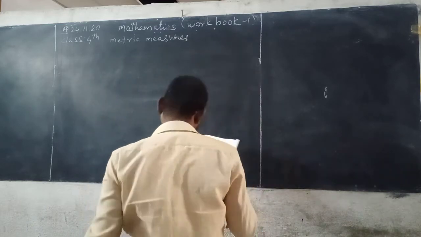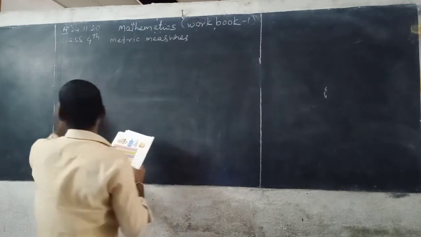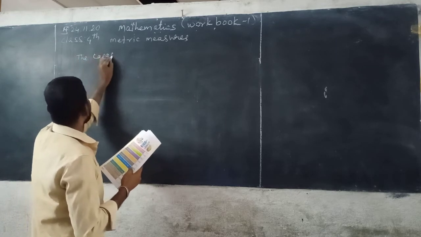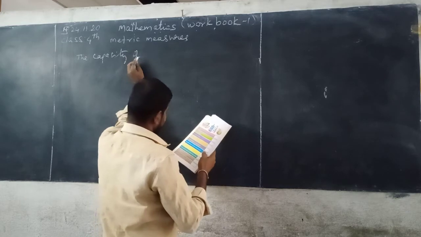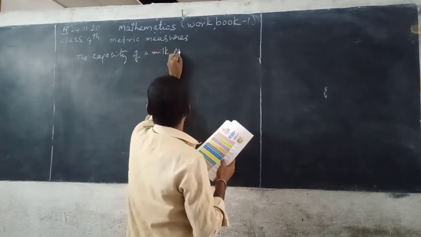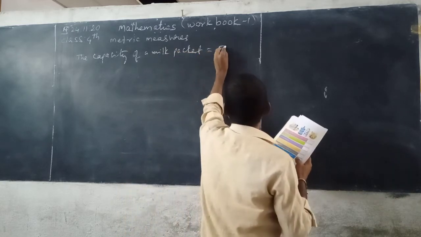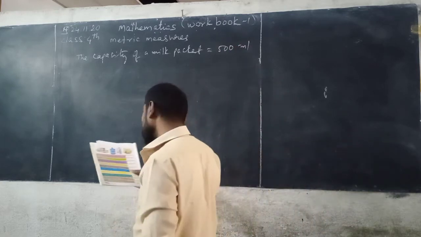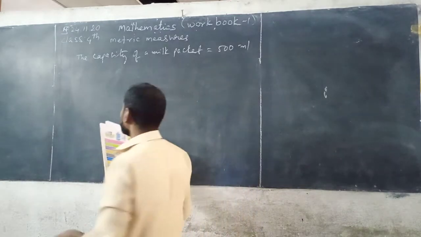See here, the capacity of a milk packet is equal to 500 milliliters. Next, how many packets are needed to fill a can of 25 liters capacity?